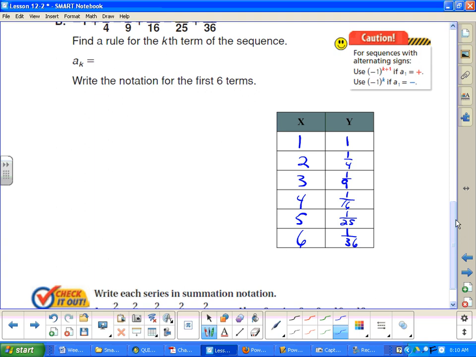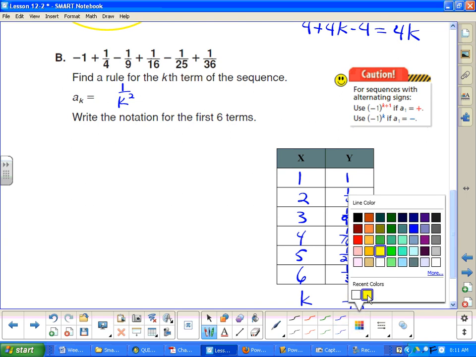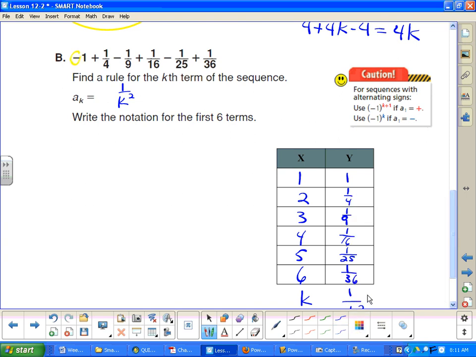Can you see, Lauren? Okay, we're squaring it. So I've got 1 over k squared. It's in the denominator. So this is 1 over k squared. Now, once we've figured out what the explicit rule is, ignoring the alternating signs, then we need to look at our very first sign, which is negative.